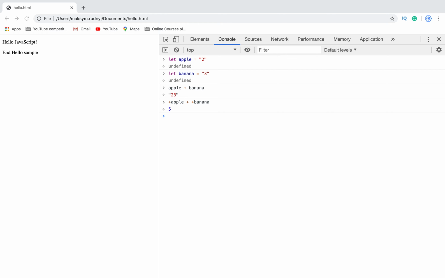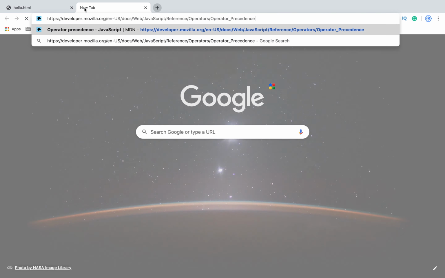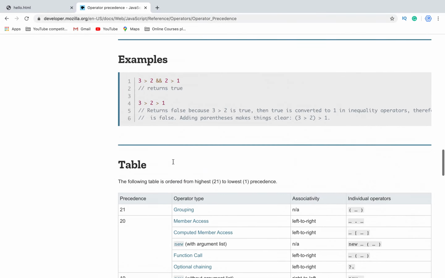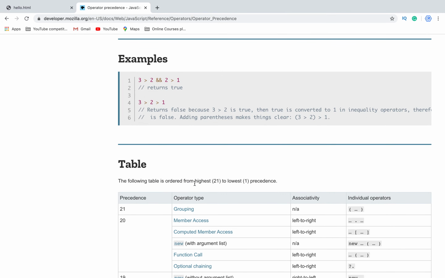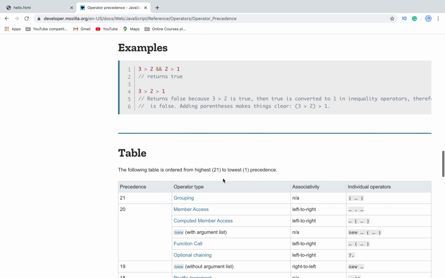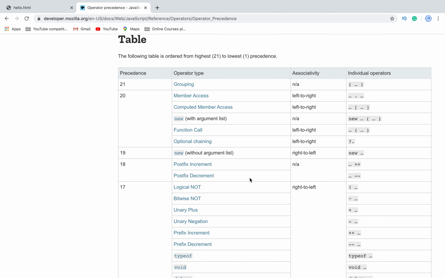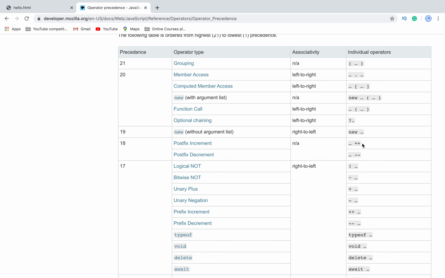The next thing I want to mention is operator precedence, or importance, the order of execution of these operators. Let's open one page and take a look at a table. The following table is ordered from highest to lowest precedence. So the highest is grouping. It's the same as we had in math. Grouping is highest priority, and then we have the next priority. It's increment, decrement.